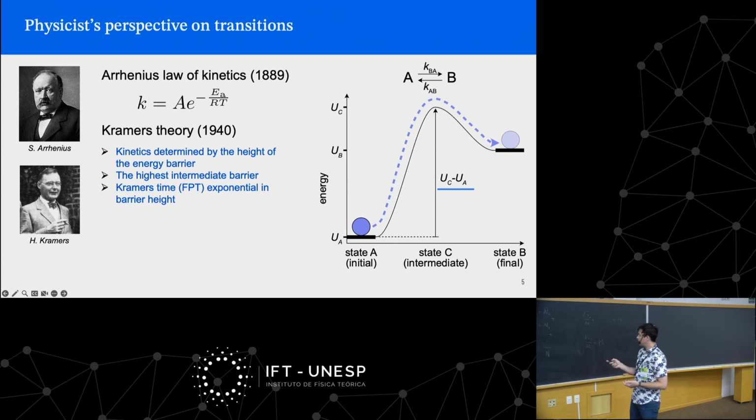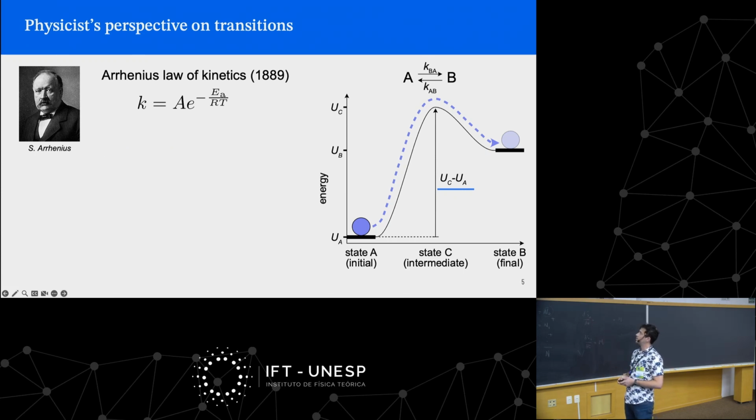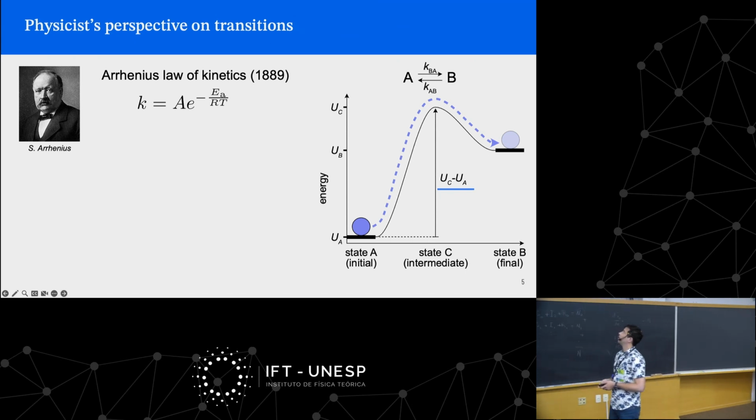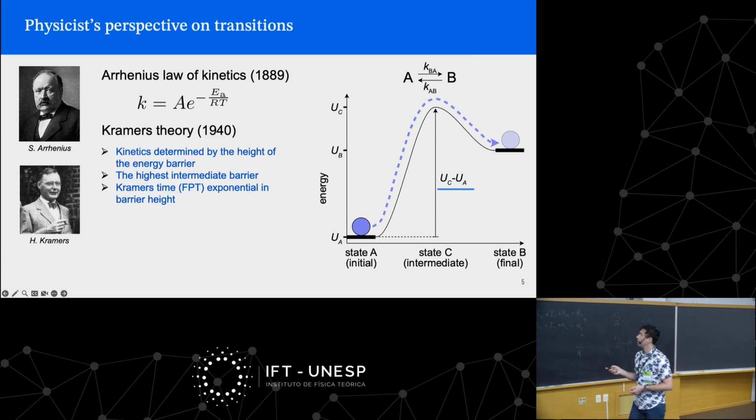And since the 20th century, we know some things about it. For example, the Swedish physicist Arrhenius proposed an empirical law at the time, which was that the kinetic rate in this setting to go from A to B should be proportional to the exponential of minus the height of the energy barrier. And this was later refined in the 20th century.